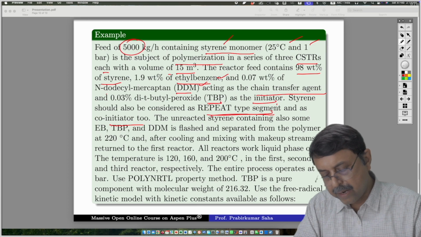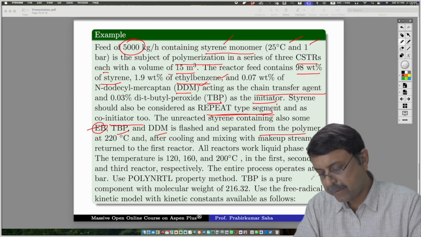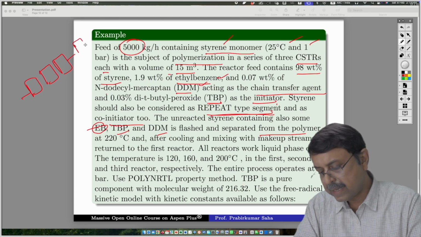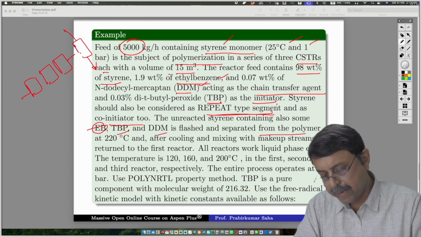Then we have unreacted styrene containing some ethyl benzene, TBP and DDM, which is flashed and separated from polymer. So basically we have 3 reactors in series, and after that there is a flash, and this flash operates at 220 degrees centigrade.